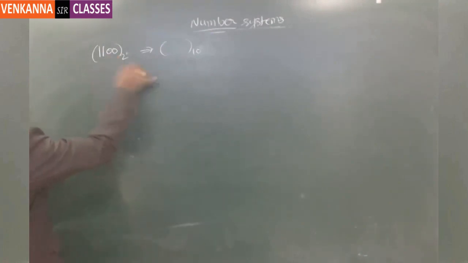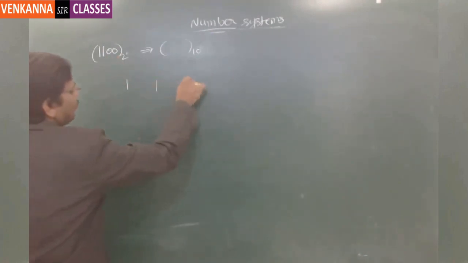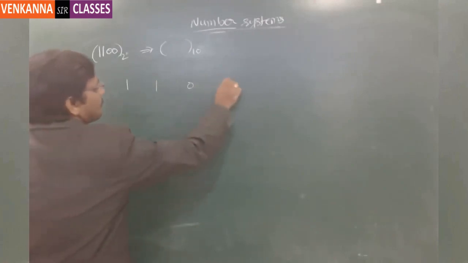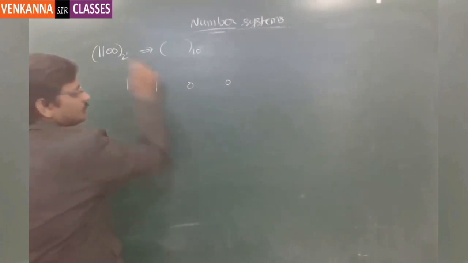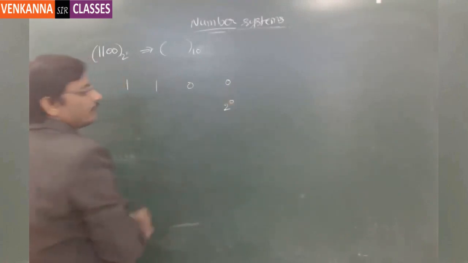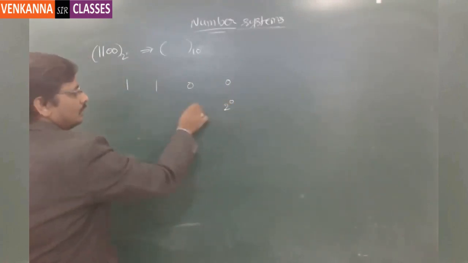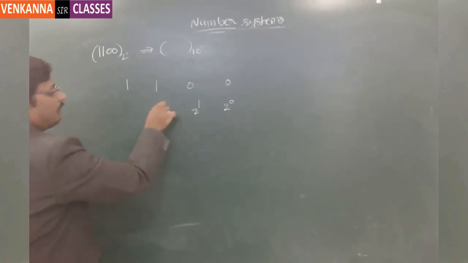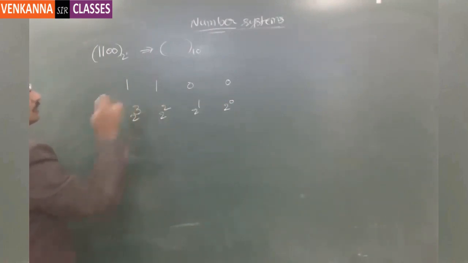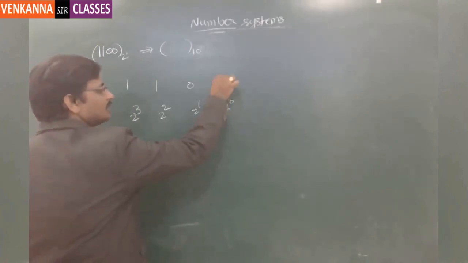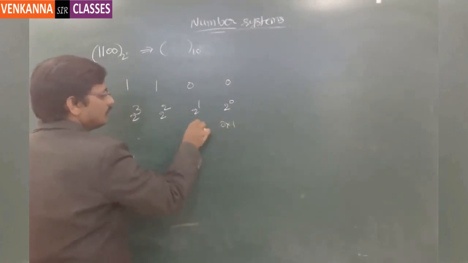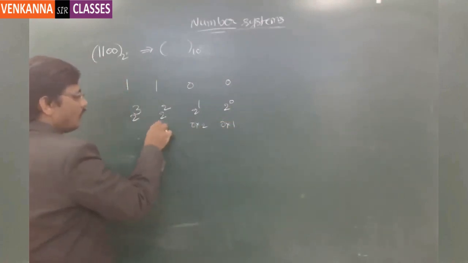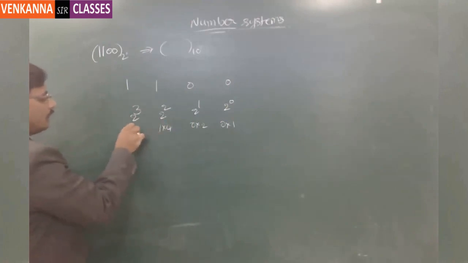First you write this symbol separately like this, and this is the base here. For this base, you write 2 power 0, start with power 0, then power 1, then power 2, and then power 3. Now this value multiplied by this value, so that is 0 into 1, 0 into 2, 1 into 4, and 1 into 8.